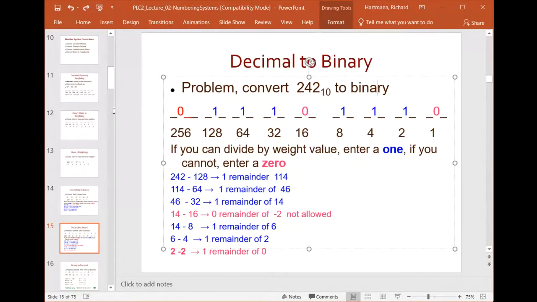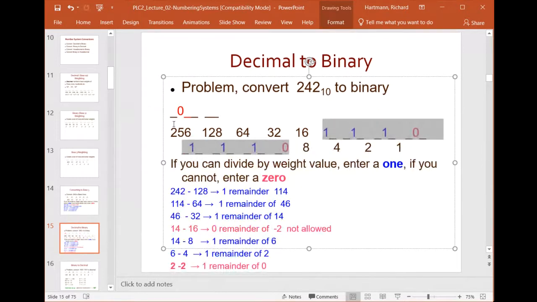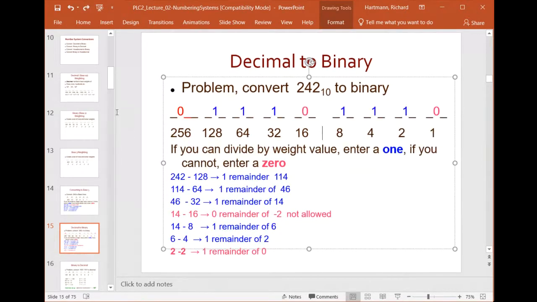You need to be able to look at a number sometimes and have an understanding of what it is, and the fact that inside of the computer or the PLC, which is just a computer, it's storing the number 242 as 11101110. That's how it's stored.